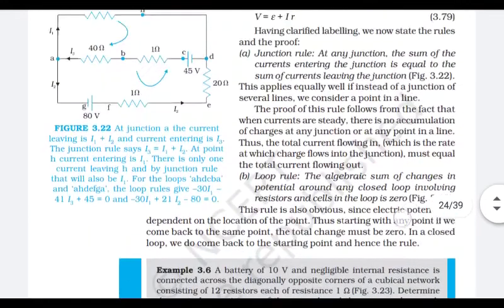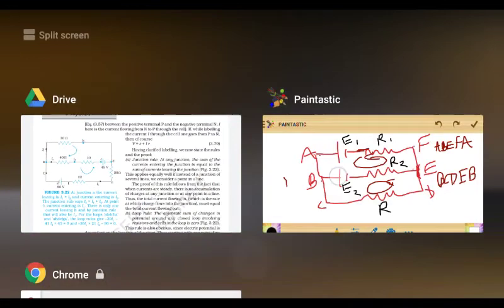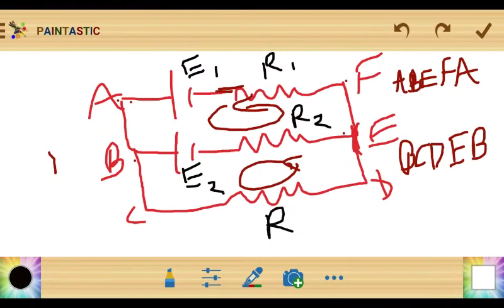I'm just taking a simple diagram, so let me go back to my own diagram. In this diagram, in the upper circuit A, B, E, F, A, there are two sources of EMF, one is E1 and one is E2. One more thing, the direction of current should also be mentioned. If we know it, remember the direction of current. This arrow.